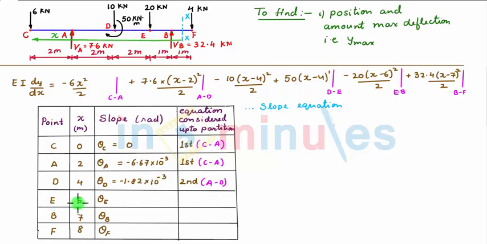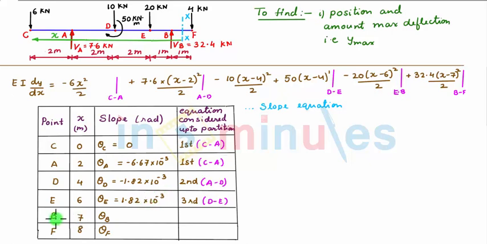For point E, putting the value of x equal to 6 meters in the slope equation and considering the equation up to third partition, which is valid between point D and E, we get the value of slope theta E equal to 1.82 into 10 to the power minus 3 radians.